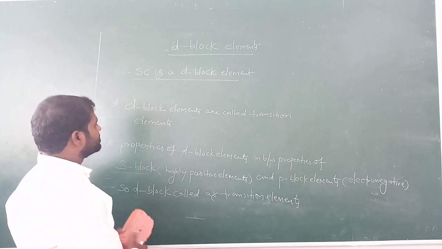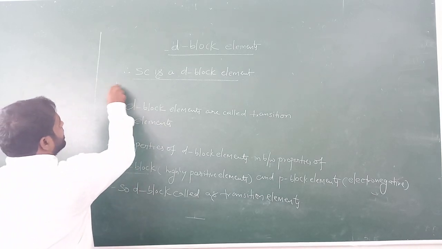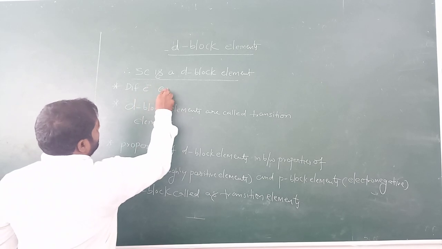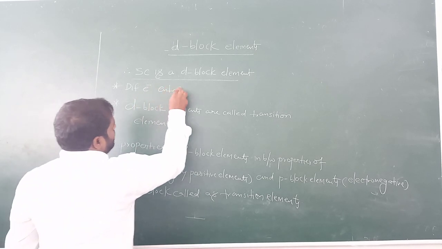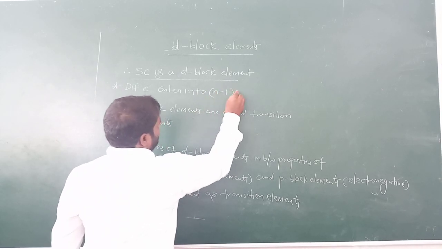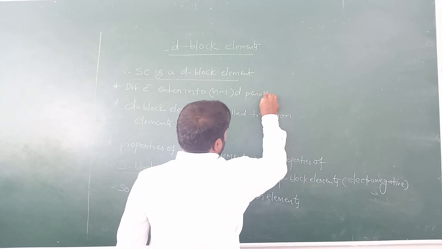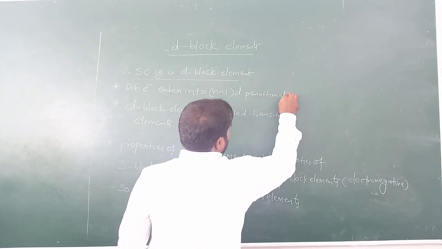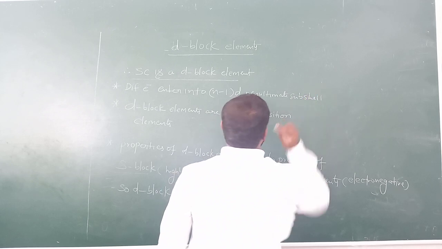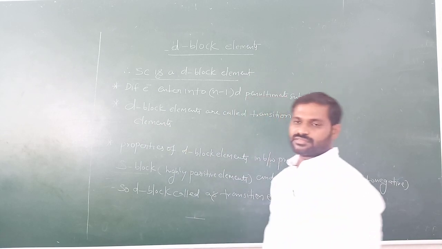Okay, clear? And before this, the differentiating electron enters into the n-1 d penultimate subshell. Clear? Penultimate subshell. Is it clear, ma'am, to all of you?